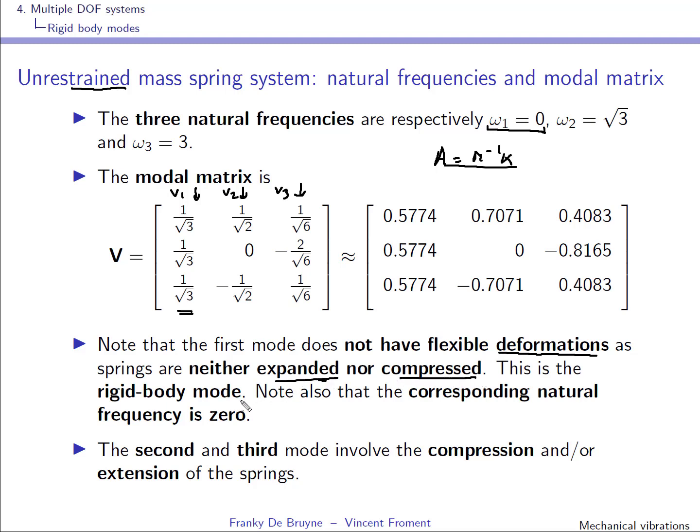This is the rigid body mode. If we're looking at the other modes, for instance for the second natural frequency, we see that for this mode x2 will not move, and if x1 moves in one direction, x3 will go in the other direction.